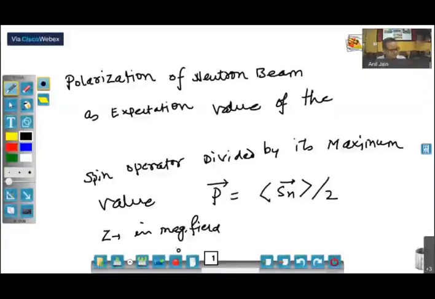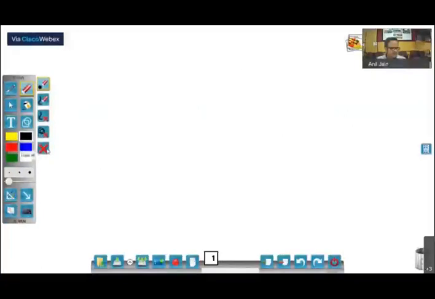Suppose z is the applied magnetic field, then we define the polarization of the beam in terms of the number of neutrons which are aligned parallel and anti-parallel to the field.